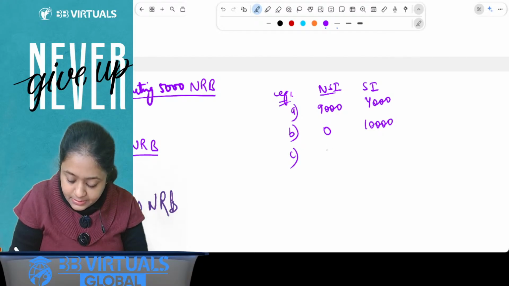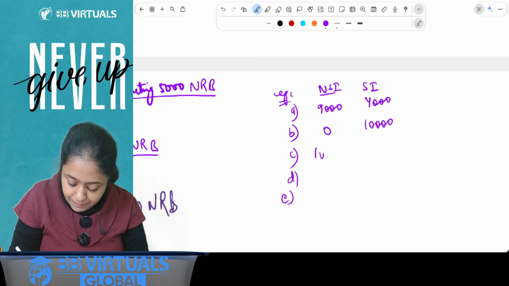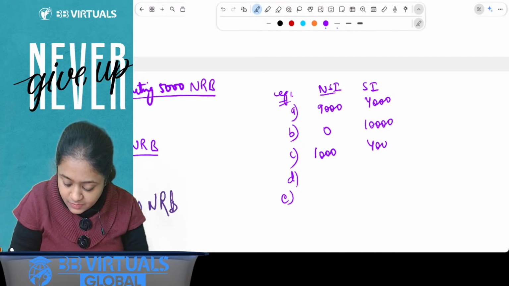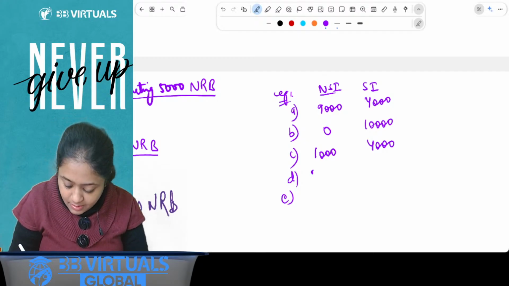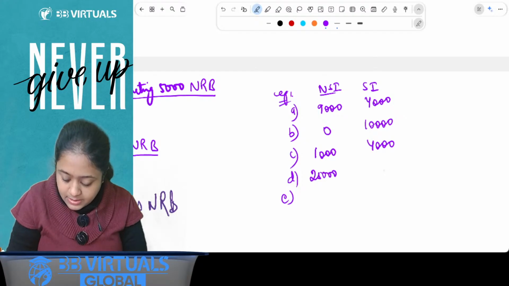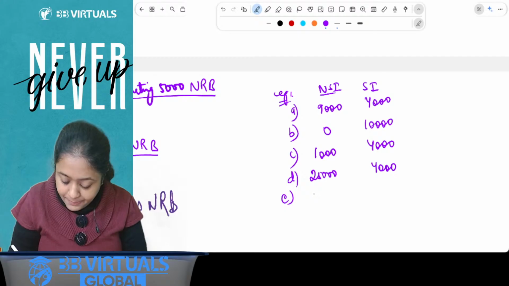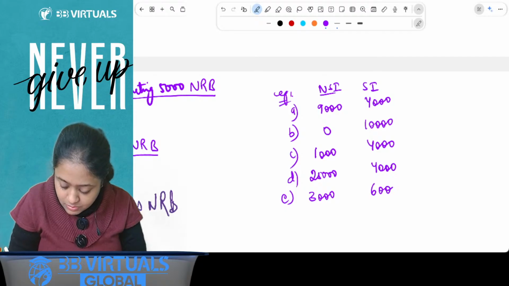Third example: non-savings income is 1,000 and savings income is 4,000. Fourth example: non-savings income is 25,000 and savings income is 4,000. Fifth example: non-savings income is 3,000 and savings income is 6,000.